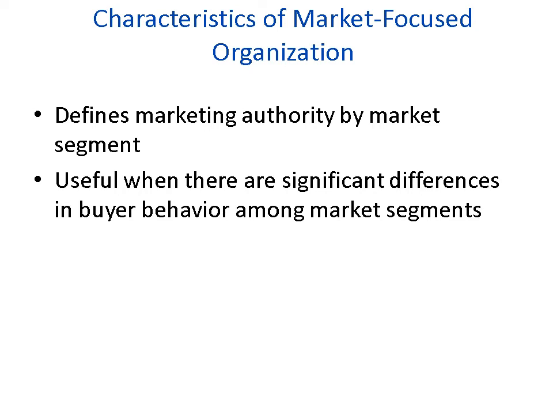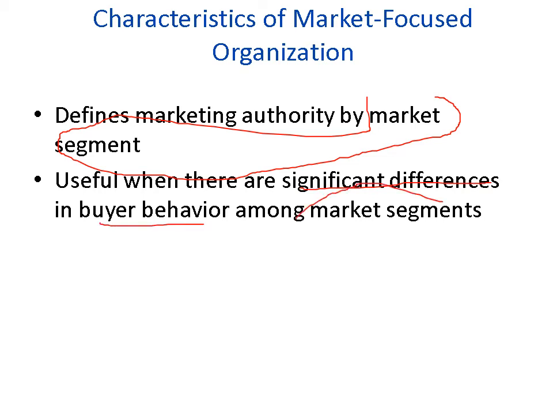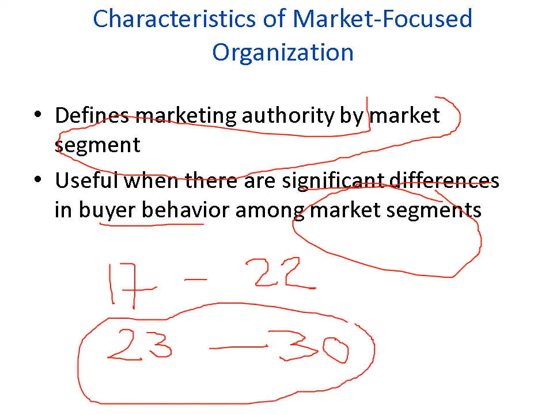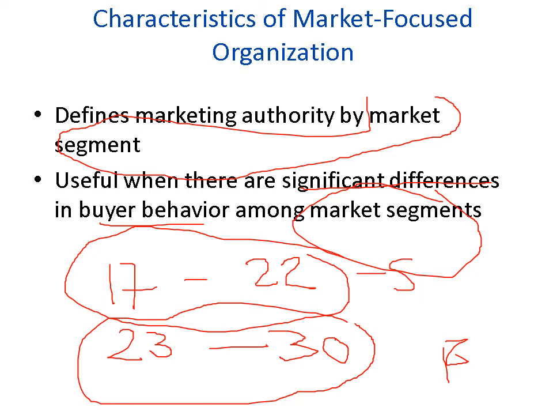It defines marketing authority by market segment. No? And this is useful when there are significant differences in buyer behavior among market segments. Like for example, 17 to 22 years old, and comparing to 23 to 30 years old, maybe this segment is much economically and financially stable than this segment, because this segment are precisely students, while here they are already young professionals, no?